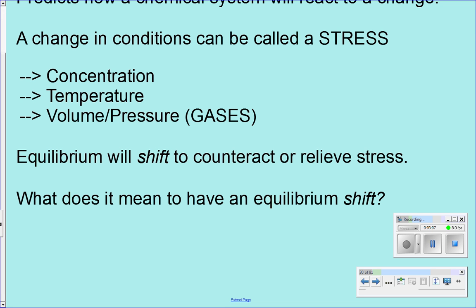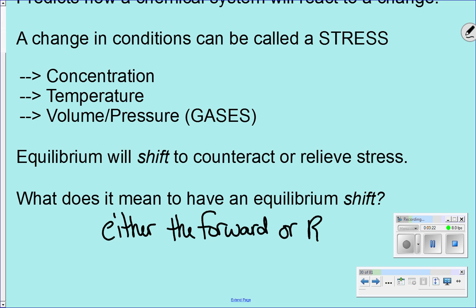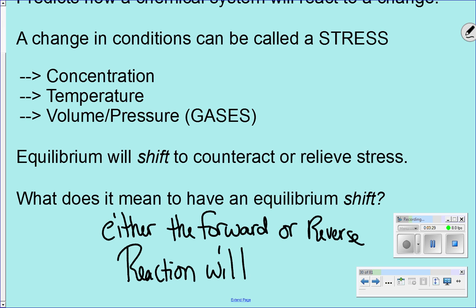What this means in terms of a reaction shifting is we're going to have a reaction get favored, either the forward or reverse reaction will increase in rate. So at equilibrium, our concentrations were constant and our rates were equal. The rate of one of the processes will now be sped up.